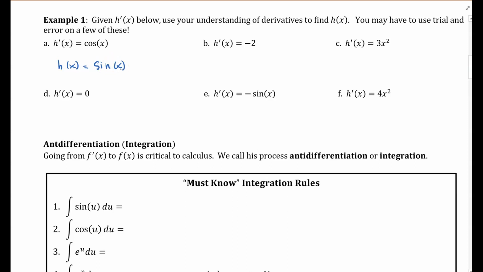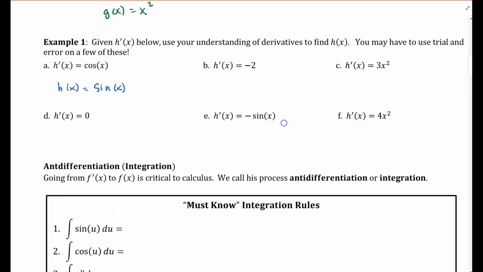B, h prime of x is equal to negative 2. Okay, well, in order to get a constant as an answer from a derivative, I know that that must be the coefficient of a linear function. H of x equals negative 2x. That's our actual function, right? Because when I differentiate, that power of 1 disappears, and we just have that coefficient, negative 2.